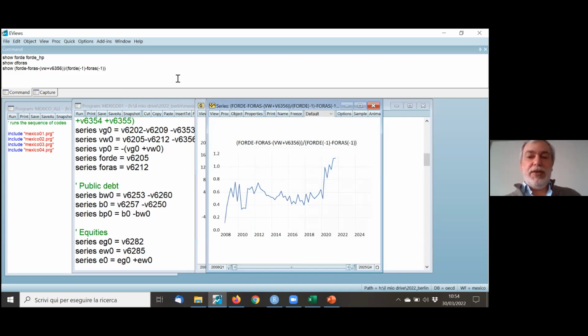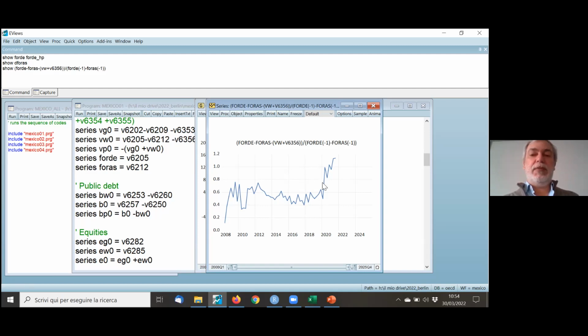Now, this is a measure of the gap in percentage of the opening stock, and this should be linked to the net capital gains.